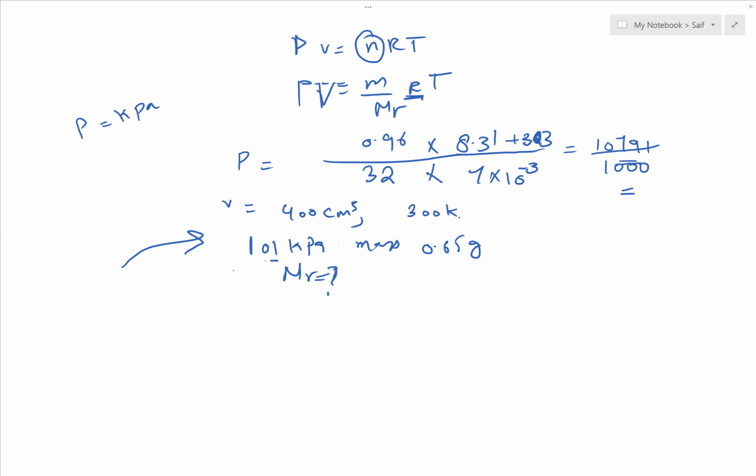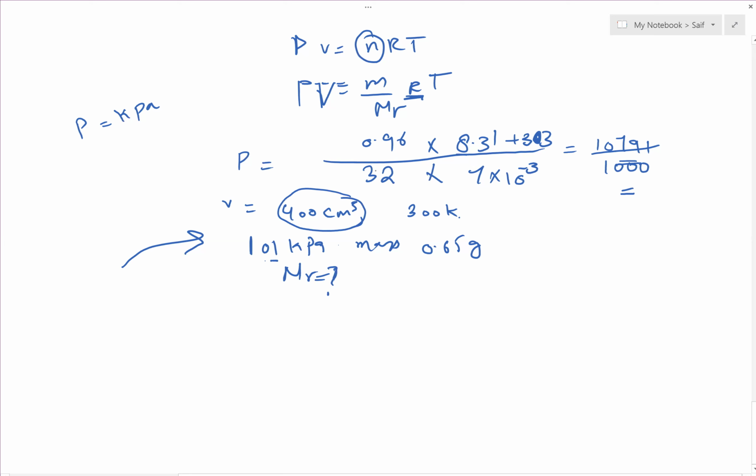Yes sir, I did it, but I don't know if it's correct. I got 0.04. No, we have to find MR. So MR should be what? I got 0.04 as MR. No, it will not be an MR. Did you convert this centimeter into decimeter?